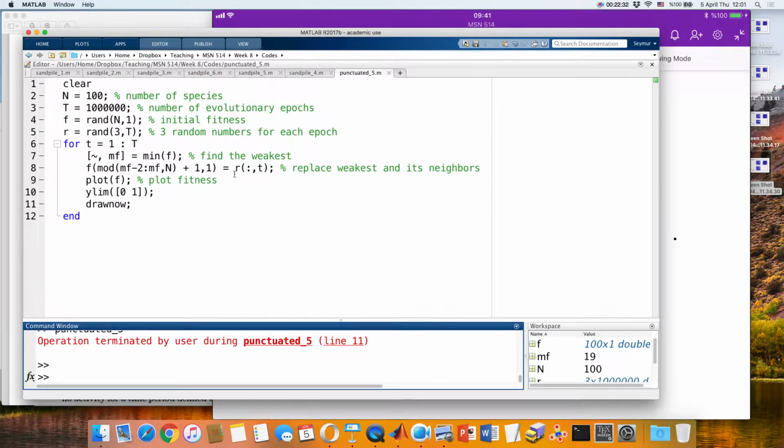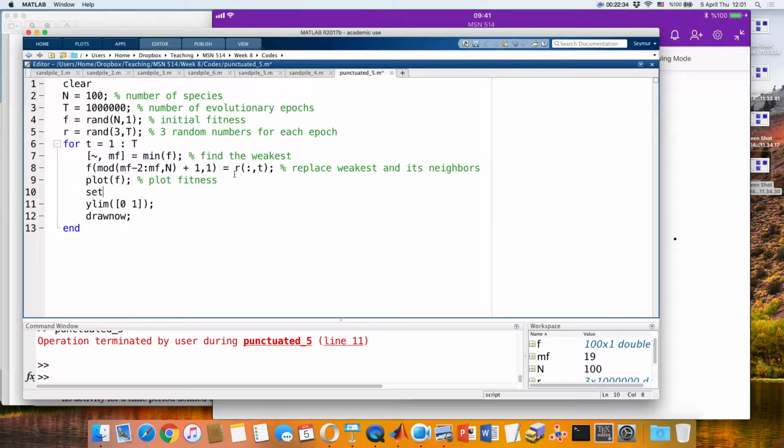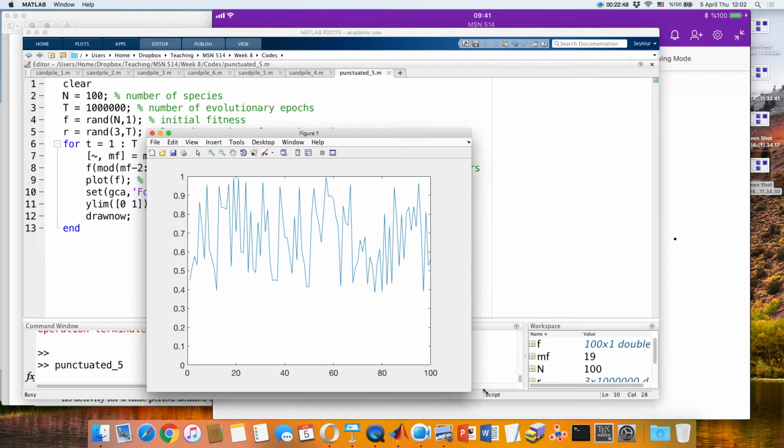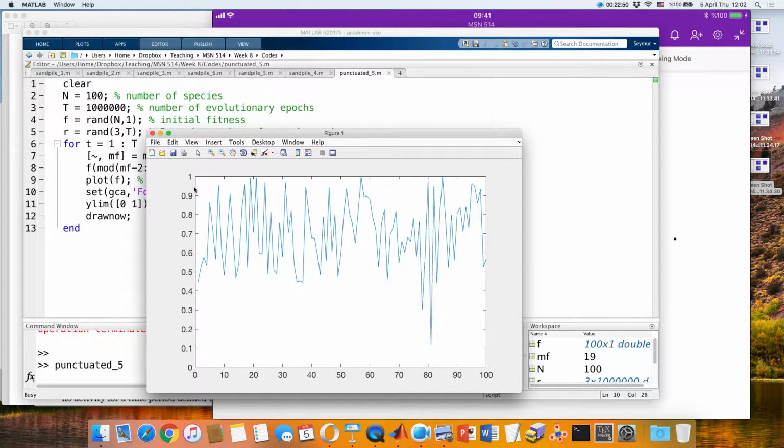So I want to change it to 20. Fitness is this one. What do you mean by fitness?